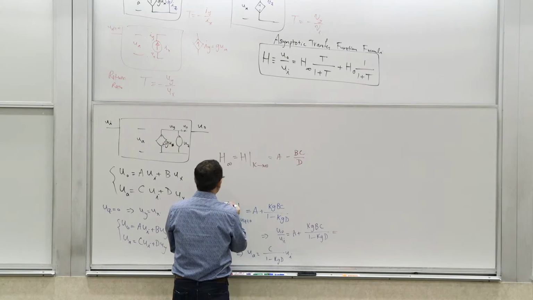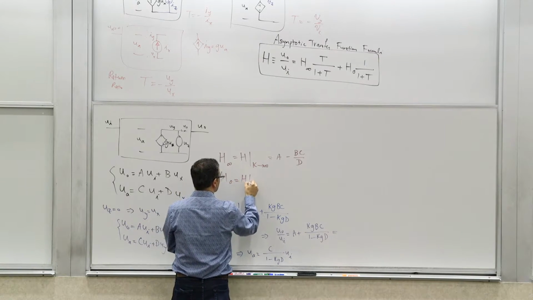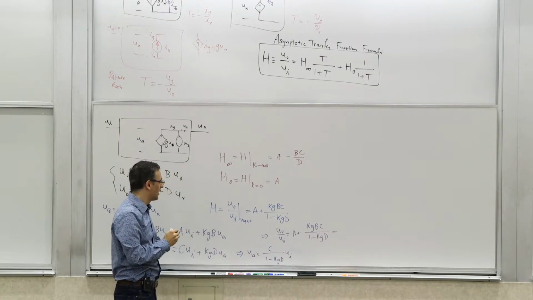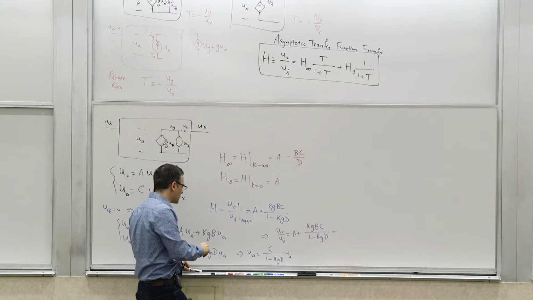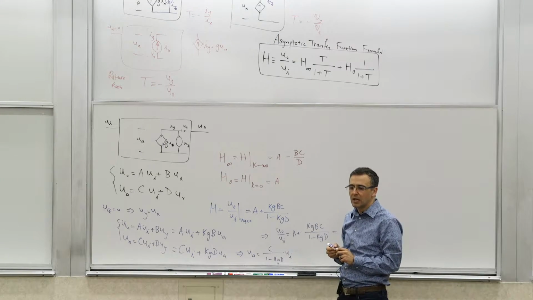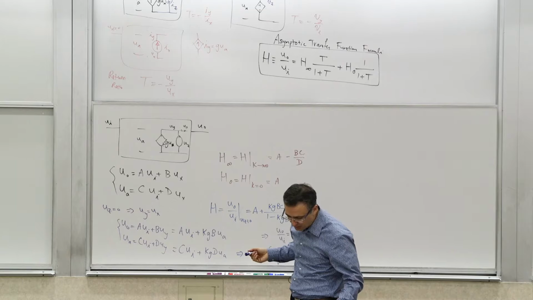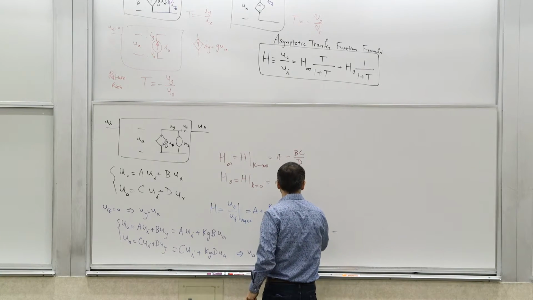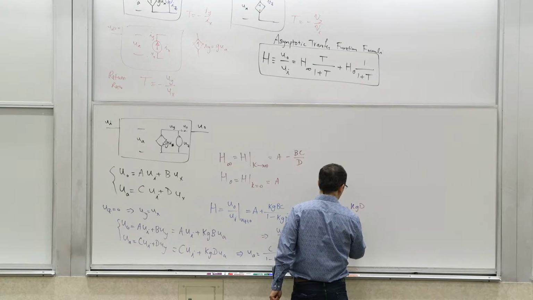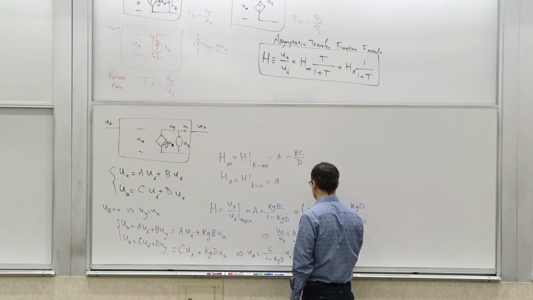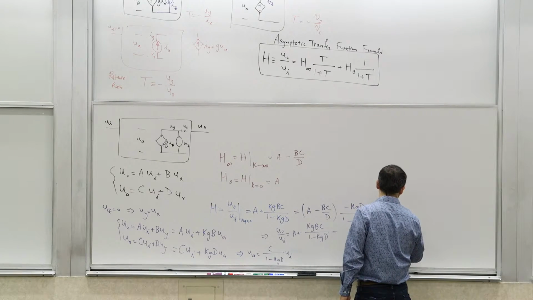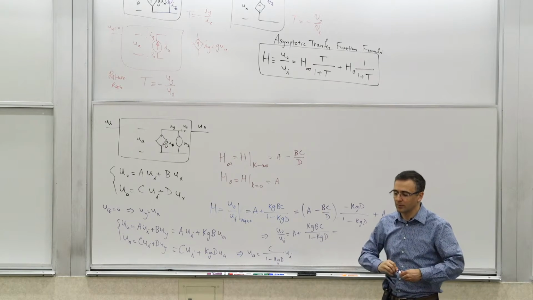And when K is 0, obviously this disappears, you just get A. So we will try to reorder these terms in such a way that these two terms show up. It's pretty straightforward basic algebra. What you will get is A minus BC over D times negative KGD over 1 minus KGD, plus A times 1 over 1 minus KGD.